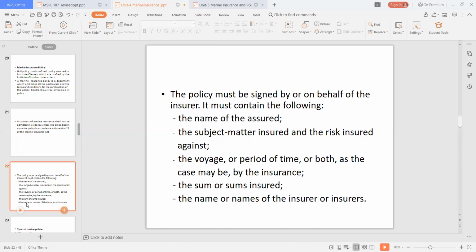It must contain the following: the name of the assured, the subject matter insured, the risk insured against, the voyage, period of time, or both, as the case may be, covered by the insurance, the sum or sums insured, and the name or names of the insurer or insurers. So these are the things to be included in the policy.